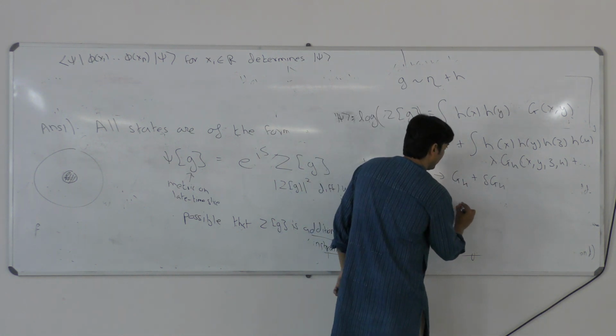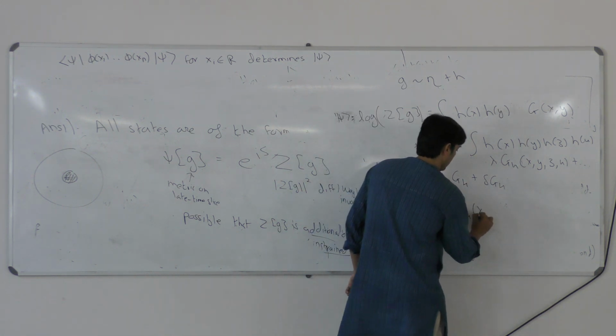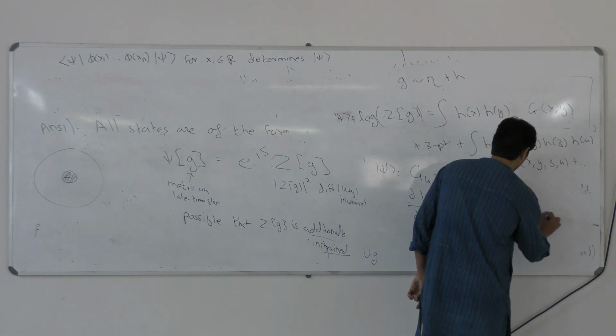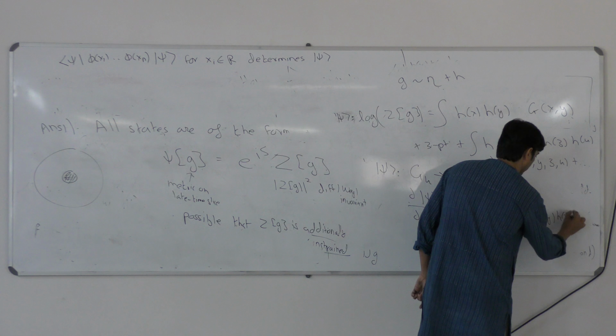Notice what that is. That is G4 of x, y, z, u times h of x, h of y, h of z, h of u acting on psi.